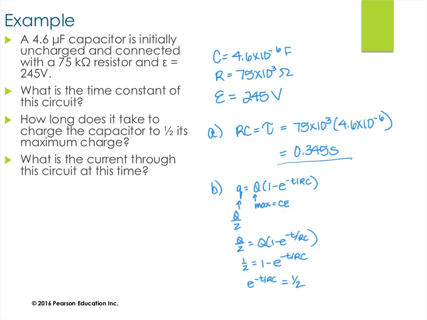And then what I'm going to do is take the natural log of both sides. The natural log of the left-hand side gives me the exponent, and this is just the natural log of 1/2, which is equal to minus 0.6931.